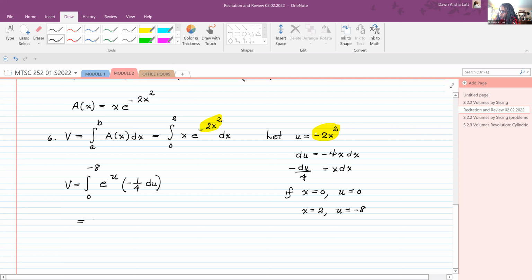So that's going to be negative 1 over 4 e to the u, evaluated between 0 and negative 8. So that's negative 1 over 4 times e to the negative 8 minus 1.